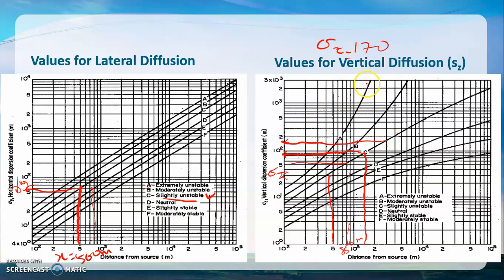The correct one, because they're asking at the center line of the plume, given the distance is 3 kilometers, is supposed to be x equals 1.5. That's why earlier I showed you this is 1.5.